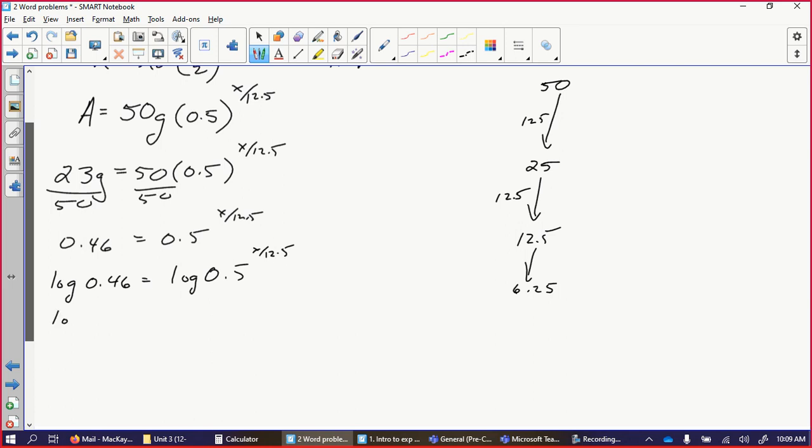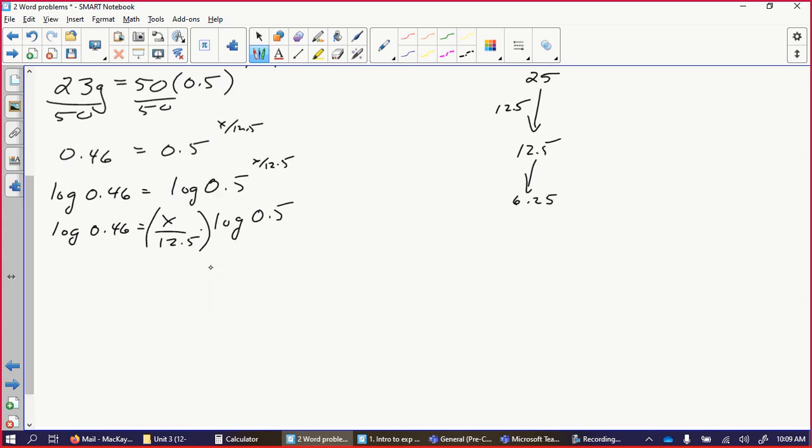Exponent comes down. Most people are going to do this step next.